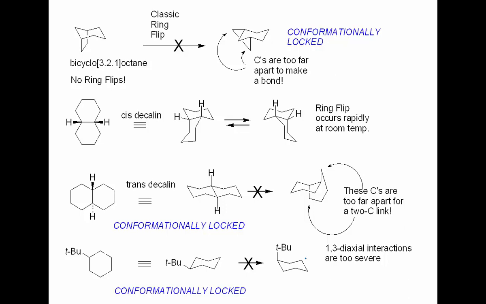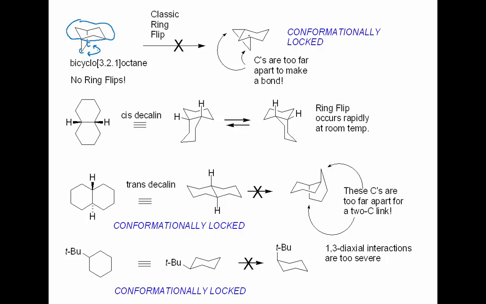All right, so in bicyclo-3,2,1-octane, you can sort of see embedded in here a chair cyclohexane, right? So let's imagine that this chair cyclohexane undergoes a classic ring flip. Okay, so as axial carbons here, they're fairly close, and they form a nice strong bond.